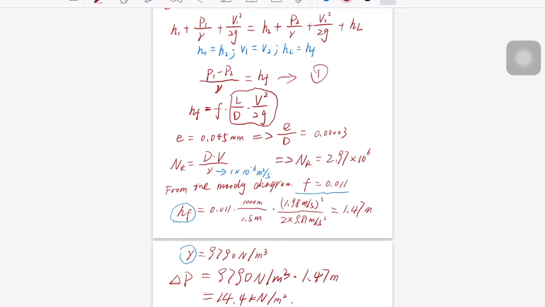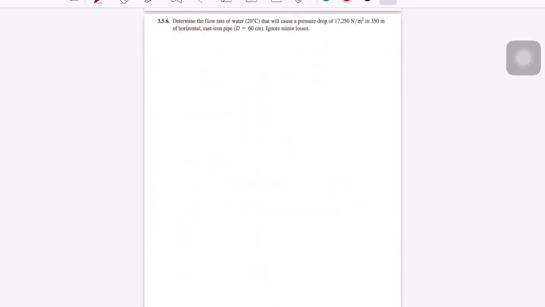So we finished it. For the fourth problem, we need to determine the flow rate of water that will cause a pressure drop of 70,250 Newton per square meter in 350 meter of horizontal cast iron pipe with a diameter equals 16 centimeter. Ignore the minor losses.